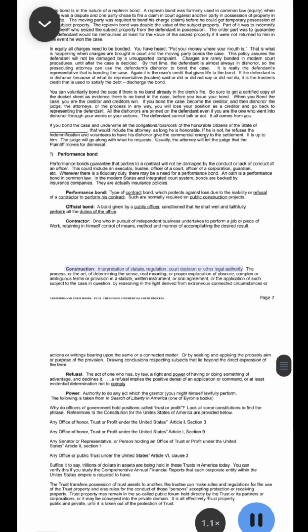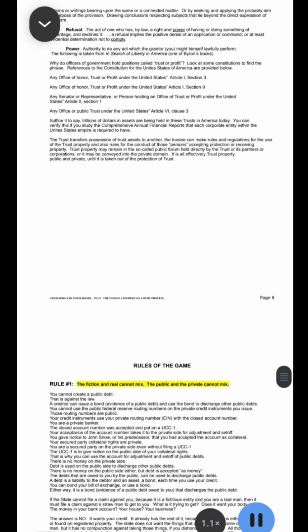Construction, interpretation of statute, regulation, court decision or other legal authority. The process, or the art, of determining the sense, real meaning, or proper explanation of obscure, complex or ambiguous terms or provision in a statute, written instrument, or oral agreement, or the application of such subject to the case in question, by reasoning in the light derived from extraneous connected circumstances or actions or writings bearing upon the same or a connected matter.